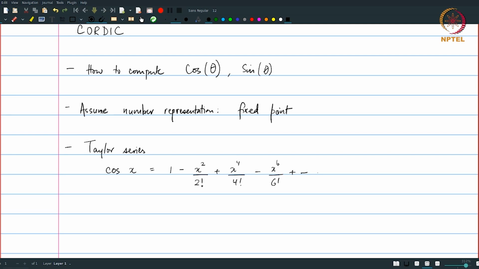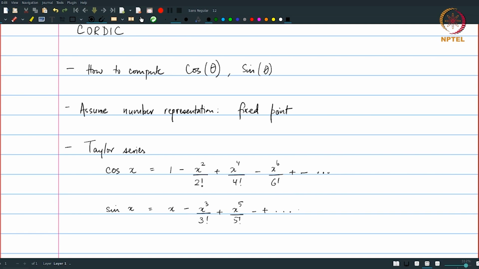We already know what this expansion corresponds to. Similarly, sine of x is equal to x minus x cubed by 3 factorial plus x power 5 by 5 factorial, minus, plus, and so on.